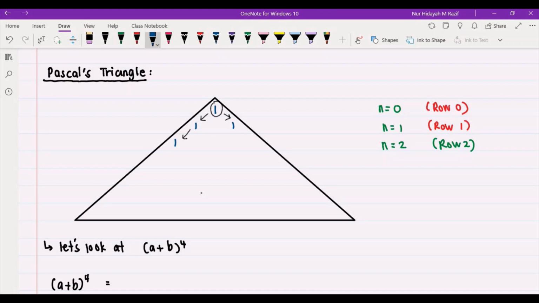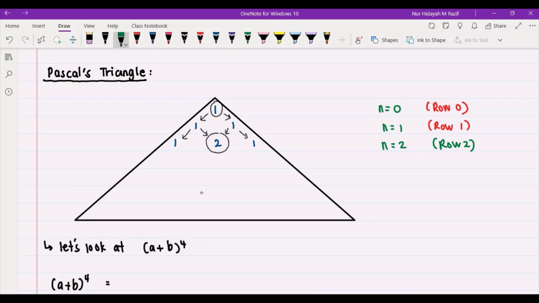I can also move to that spot using only one way, so again, I have 1. But what about this spot right here? That spot can have 2 different ways, one from the left and one from the right. So that is why we are going to get 2 here. 1 plus 1 is equal to 2.